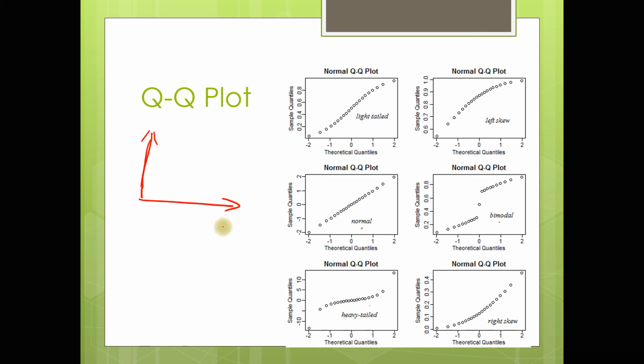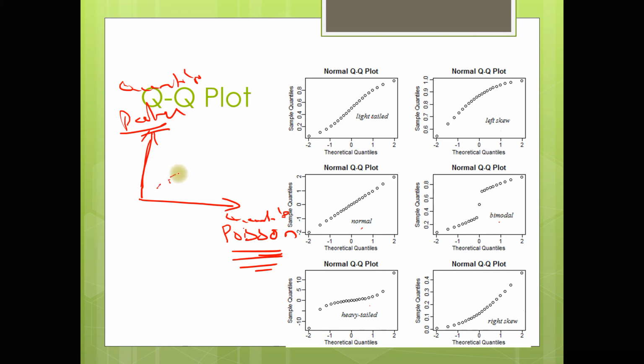Let's suppose you have a Poisson distribution and you have a data set here. You want to compare the quantiles from that data set with the quantiles from a Poisson distribution. And if the data again lies on a straight line, it means that the quantiles from the data and the quantiles of the Poisson are similar, which in other words means that the data comes from a Poisson distribution. So this is a little bit what we refer to as the quantile plot.